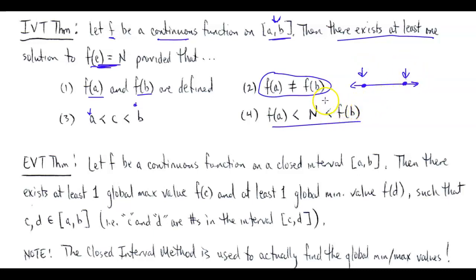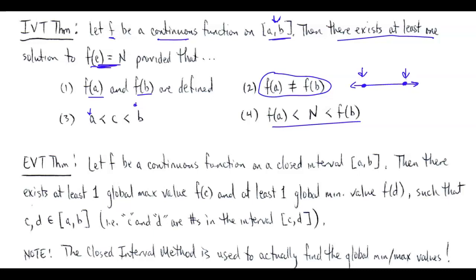Now, I've said all of that, but really what the intermediate value theorem is basically saying is that if I have a function that is continuous over a closed interval of x values, where f of a and f of b are not equal to each other, then I can guarantee that if I pick any value c that's strictly in between a and b, I am going to find a corresponding point on the graph of that function.